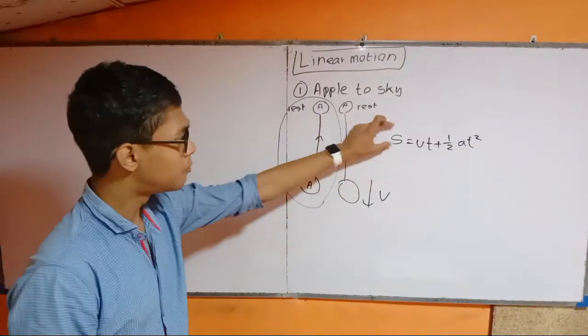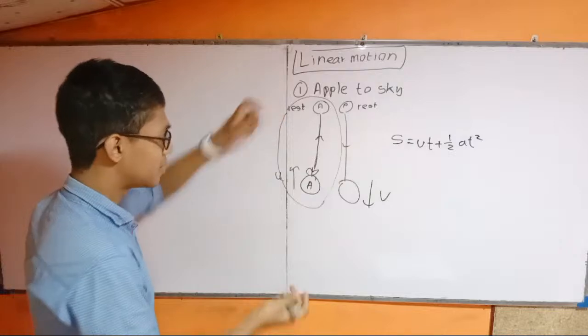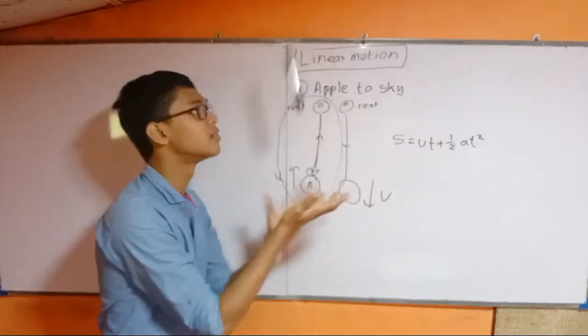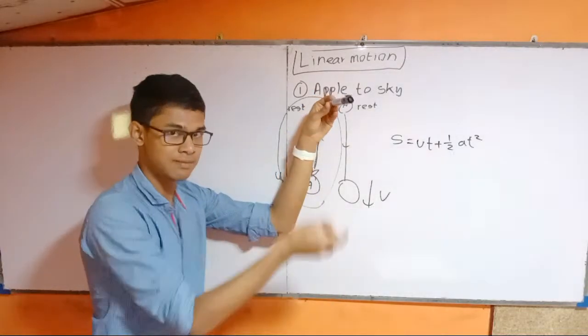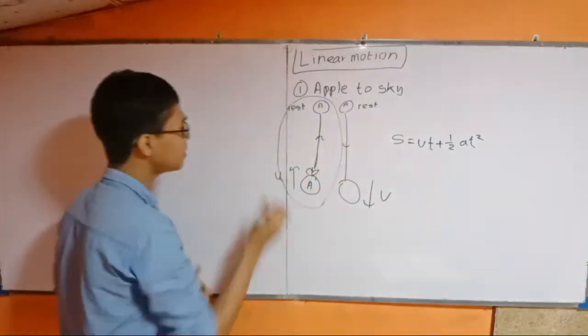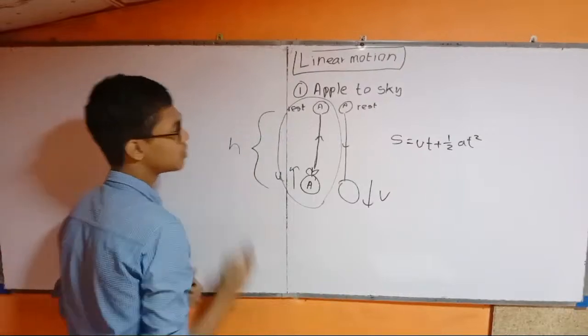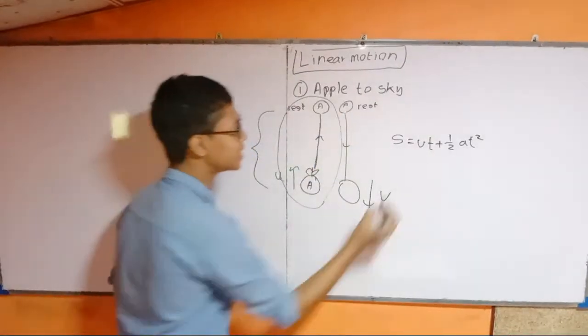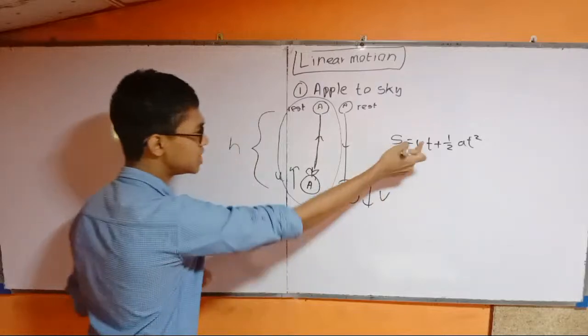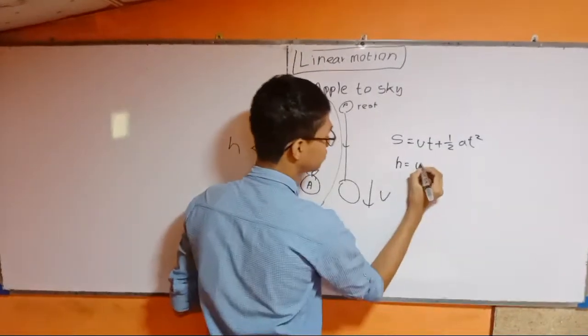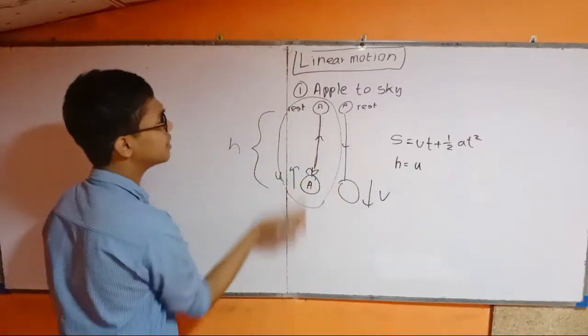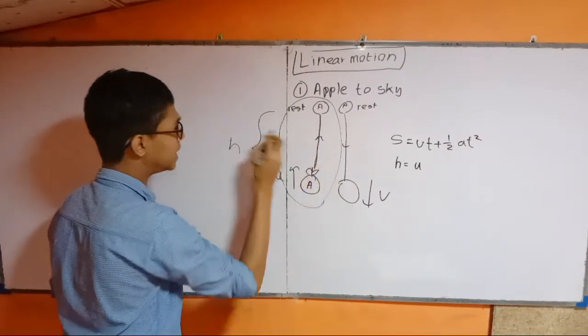Then what's the displacement? Now I'm going to put this up. It's going to come up to here. What's the height? That's the displacement. Let's say this one is h. It goes to a height h, so h comes here. There is an initial velocity u. The time from here to here is t seconds.